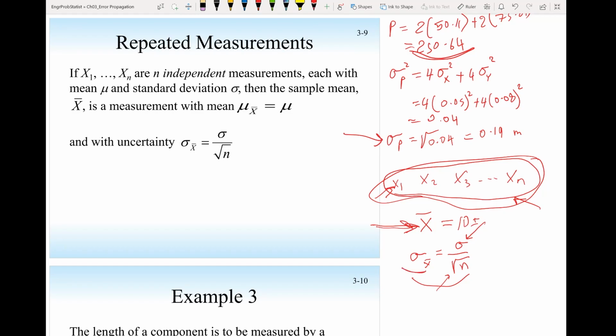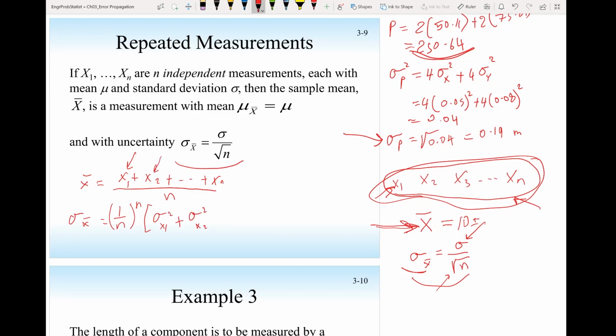And we already showed this relationship earlier. The mean x bar is x1 plus the second measurement plus the nth measurement, divided by n. If I want to find the variance of x bar, it will be 1 over n, squared, a constant, times the variance of x1 plus the variance of x2, since they are independent, plus the variance of xn. Since x1, x2, xn are all measurements of the same device, the variance will be the same.